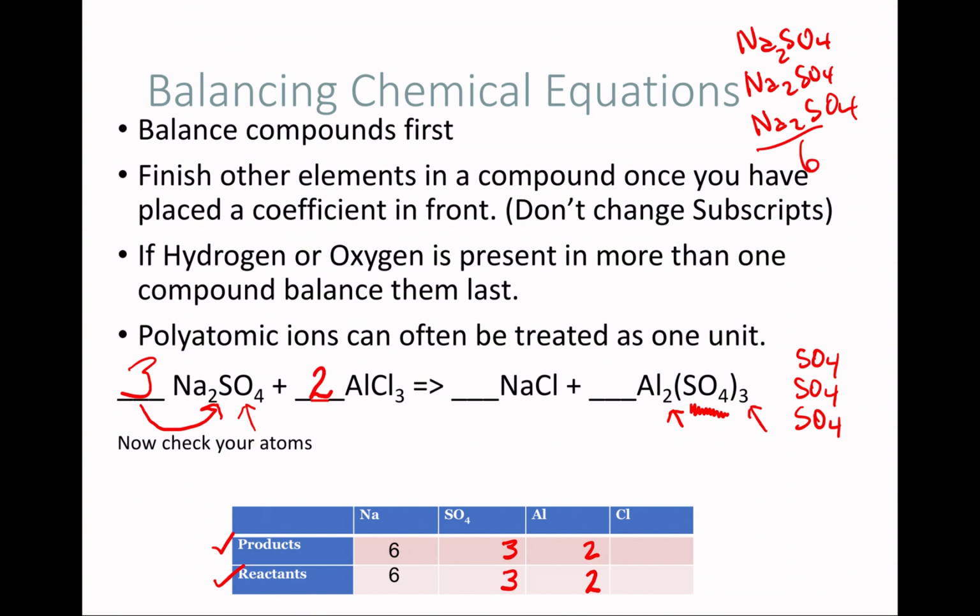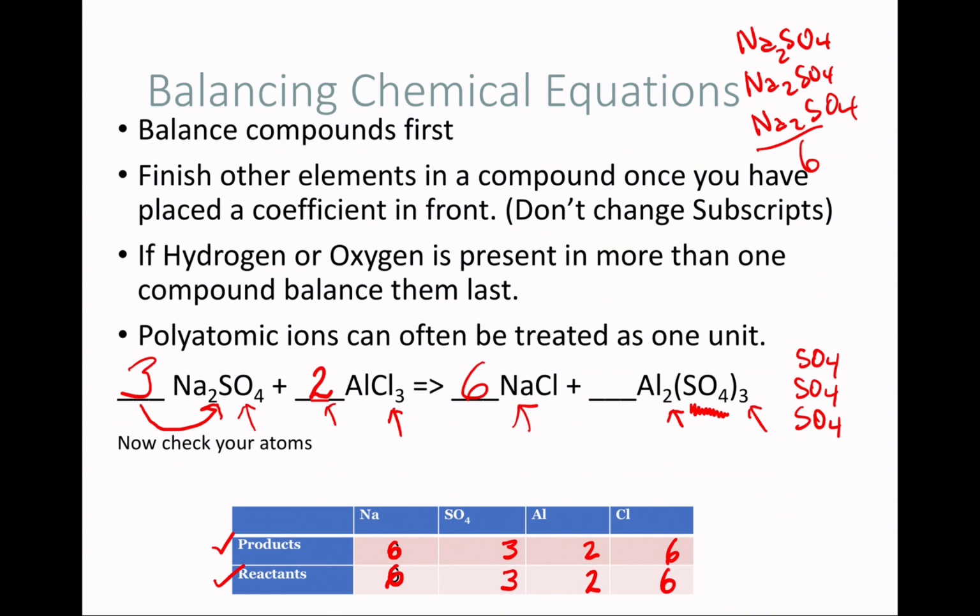So by putting the coefficient 3 in front, our sodiums are at 6, 6. What's left is chlorine. There's 3 here, you doubled the amount, so let's put a 6 here. Now our chlorines are 6 and our sodiums balanced up nicely, 6.